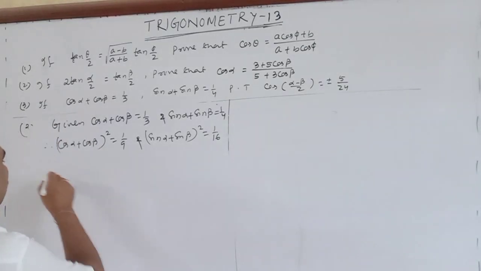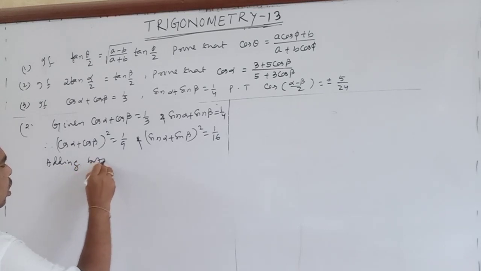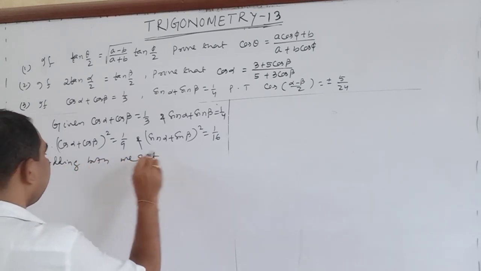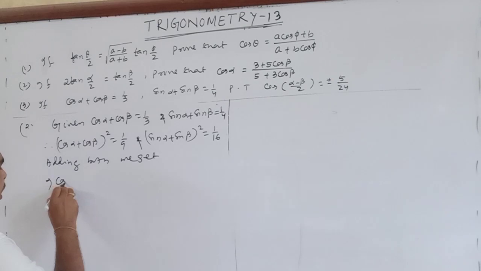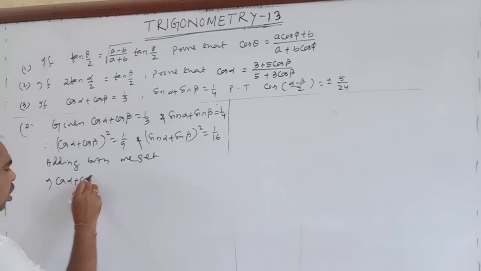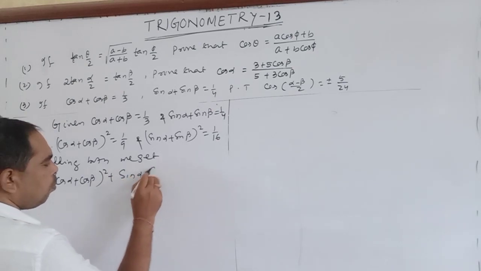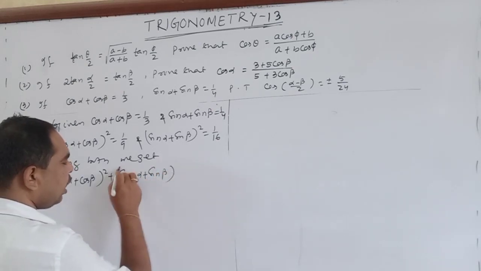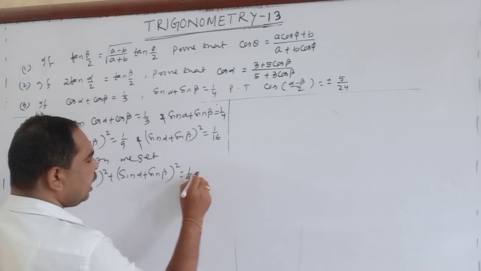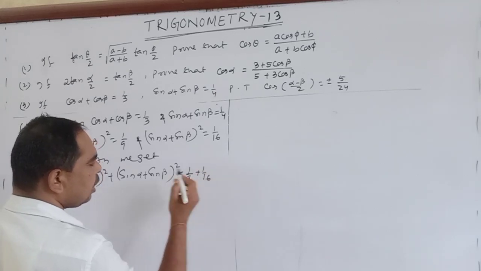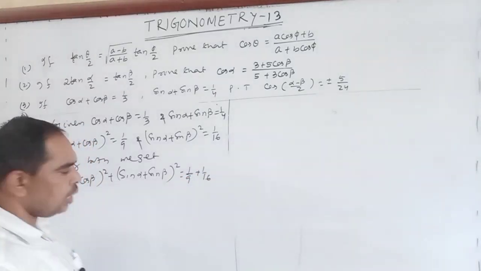Next, adding both, we get (cos alpha plus cos beta) whole square plus (sin alpha plus sin beta) whole square is equal to 1 by 9 plus 1 by 16.